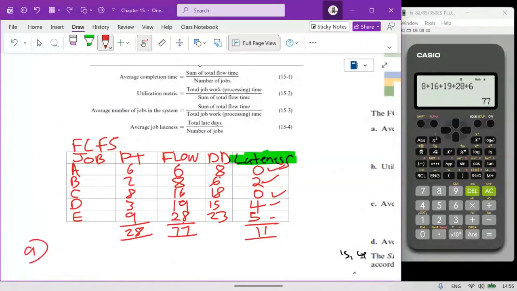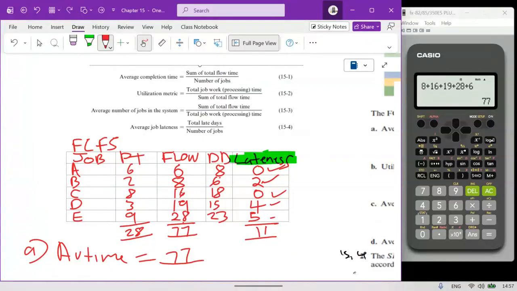We have the first one, which is average completion time, equals sum of total flow, which is 77, divided by number of jobs. 1, 2, 3, 4, 5.